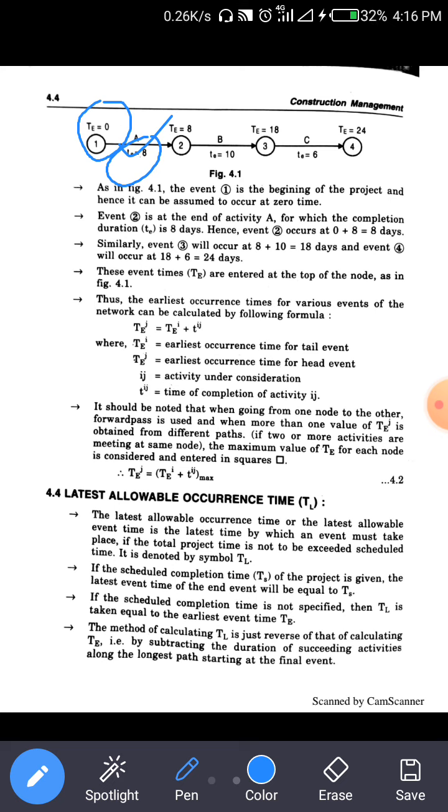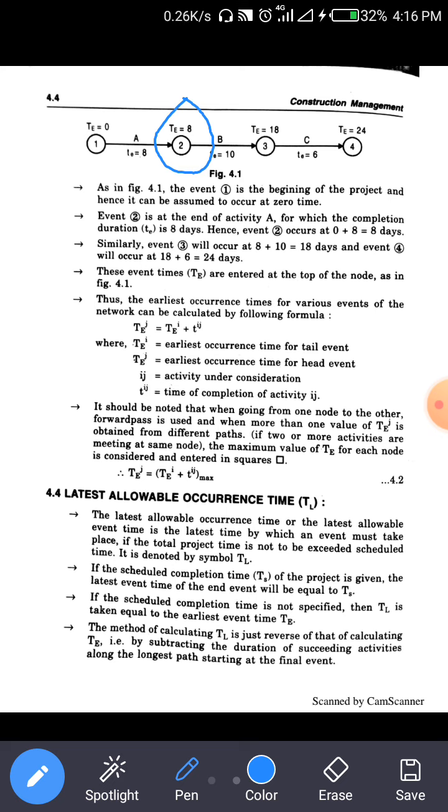After completion of the activity, another TE value we get is 8. Event 2 is the end of activity A, and the completion duration t is 8 days.